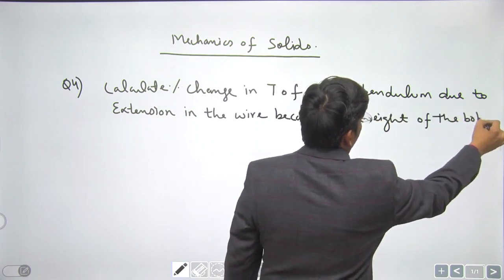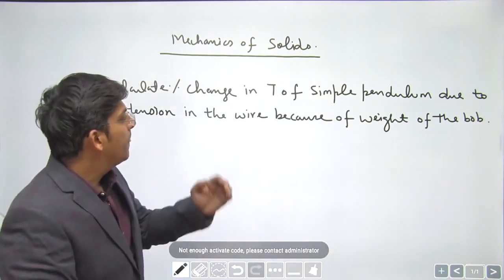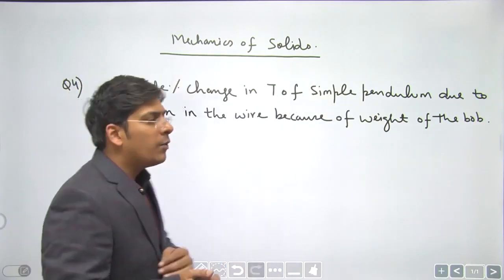So you are asked to calculate the percentage change in time period of a simple pendulum due to extension in the wire because of the weight of the bob.